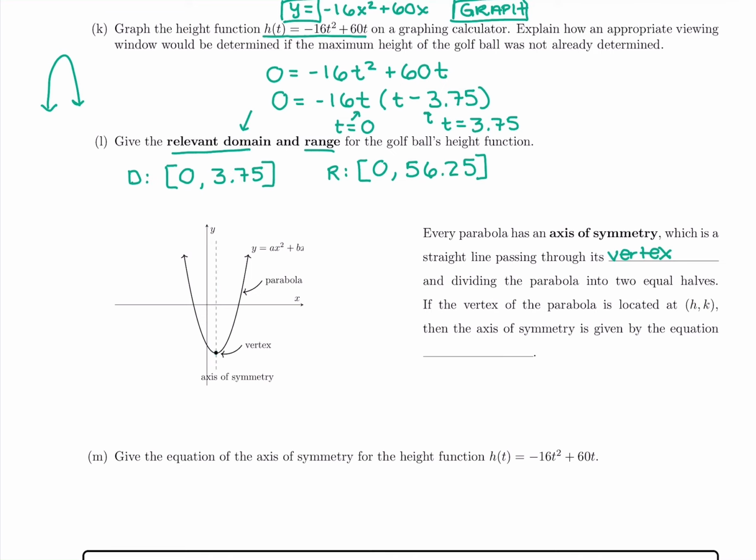So this is where the x value stays the same as the x value of the point. So x equals h. Since our vertex for this one was (1.875, 56.25), our axis of symmetry is going to be x equals the x value of that point: x equals 1.875.